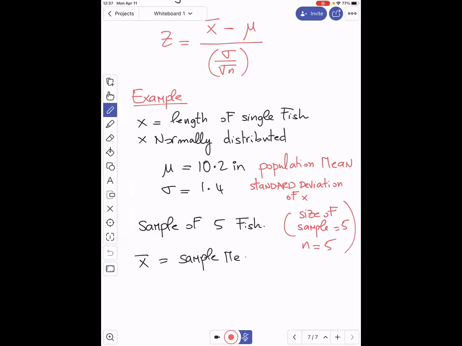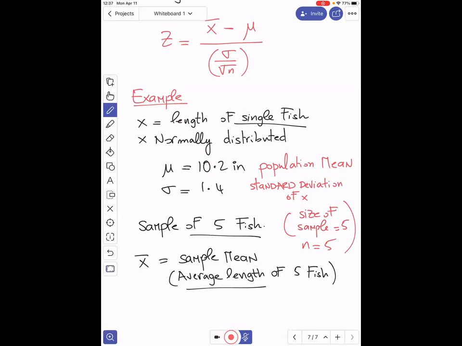This is the average length of the 5 fish. And again, this is different from x. X is the length of a single fish. X bar is the sample mean, the average of the length of the 5 fish, because I have this sample of 5 fish.